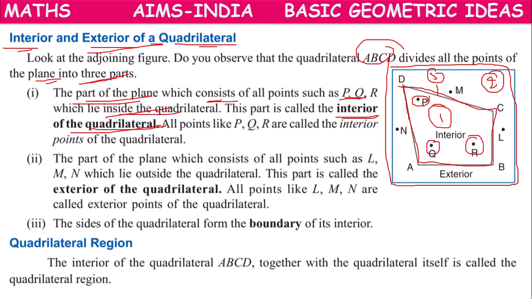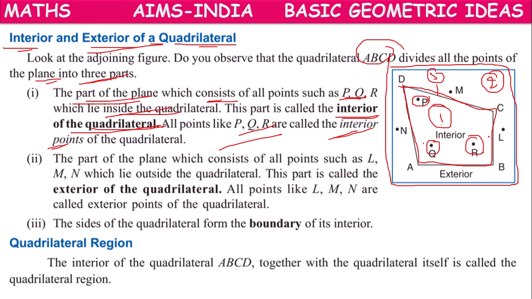The inside part of the quadrilateral is considered the interior. The points P, Q, R belong to the interior of the quadrilateral, so they are called interior points.